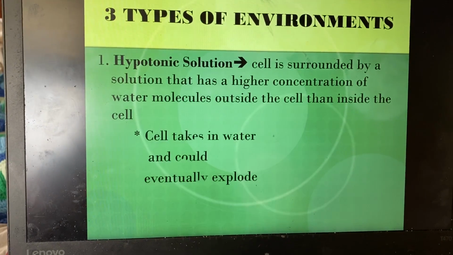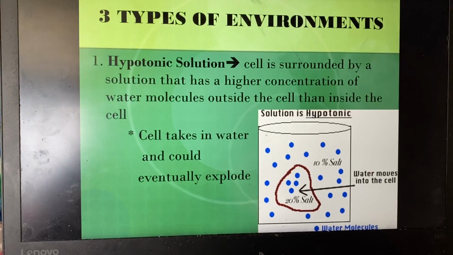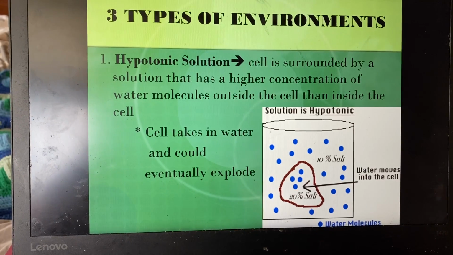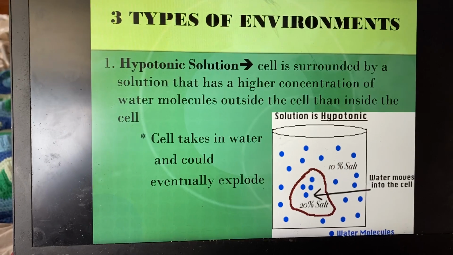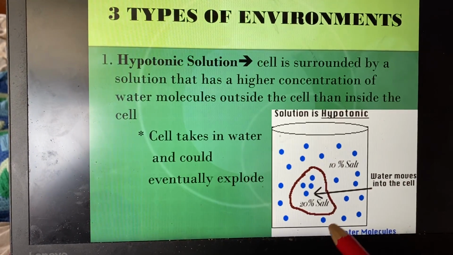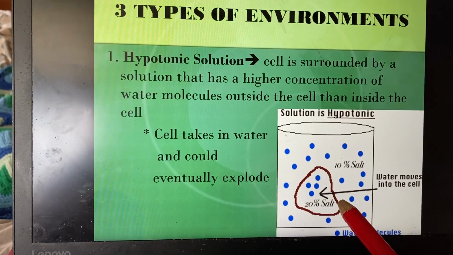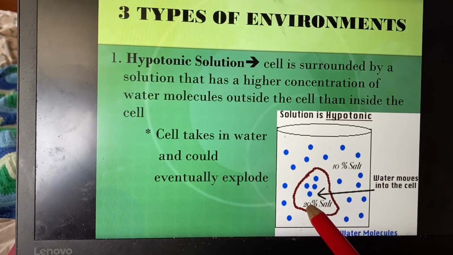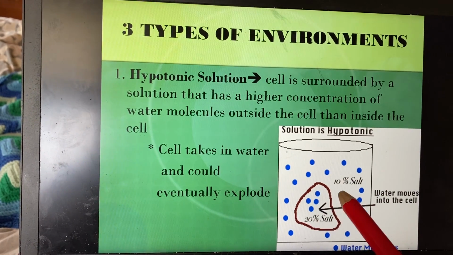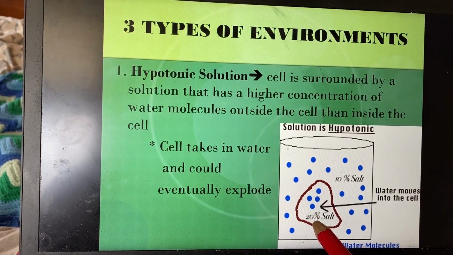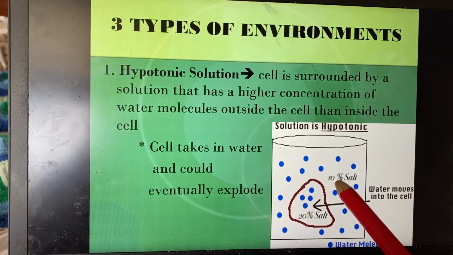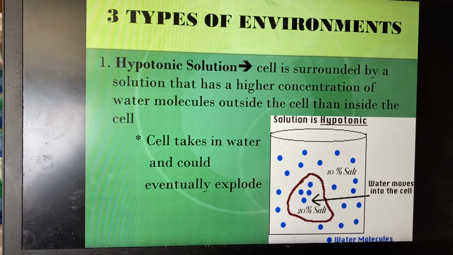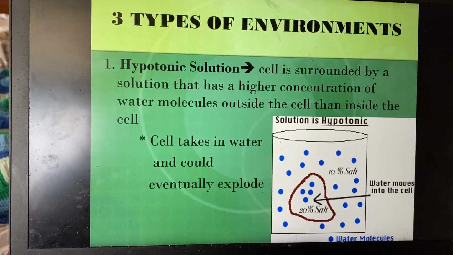There are 3 types of solutions when it comes to osmosis. A hypotonic solution is when there's a higher concentration of water on the outside compared to the inside. This is a little confusing because it gives 10% salt, 20% salt. But if this is 10% salt, that means it's 90% water because they have to equal 100.